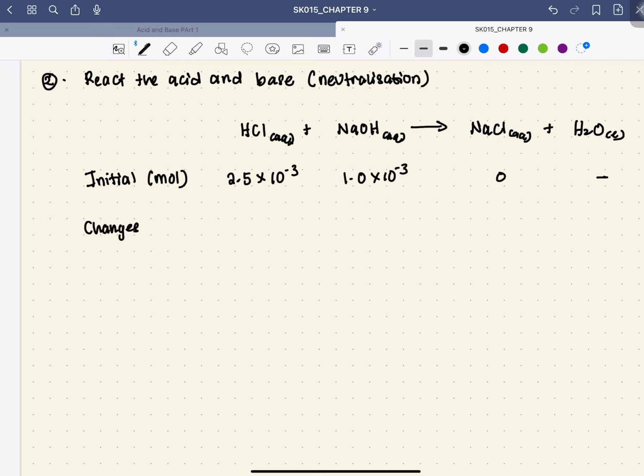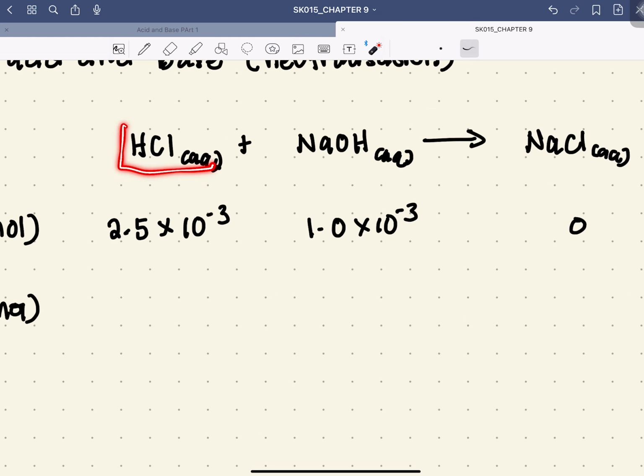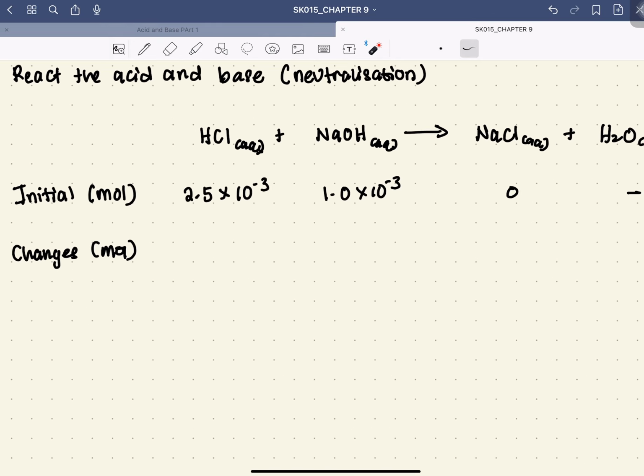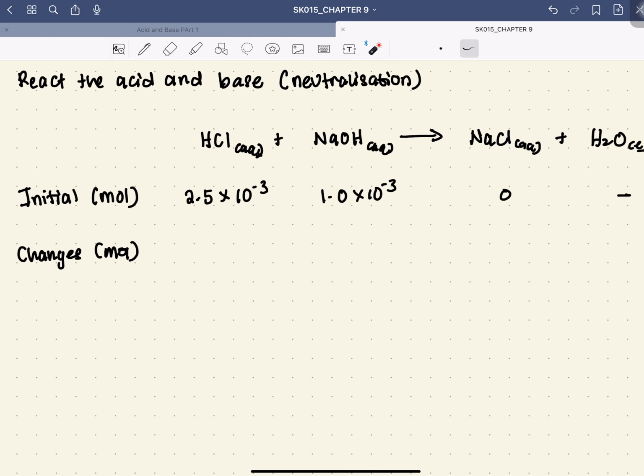Changes. As you can see, we have HCl and sodium hydroxide, 1 to 1. If it's fully neutralized, they must have the same number of moles, but in this case we have 2.5 exponent -3 for hydrochloric acid and only this amount of sodium hydroxide. So which one will be the limiting reactant? Of course, sodium hydroxide, because this is a very small mole amount and it will finish earlier.